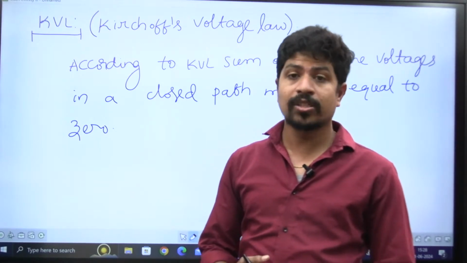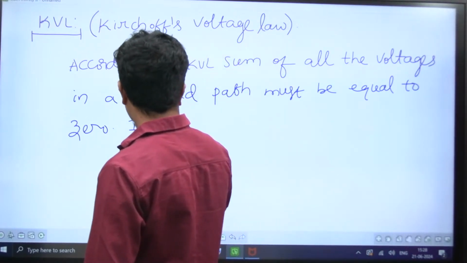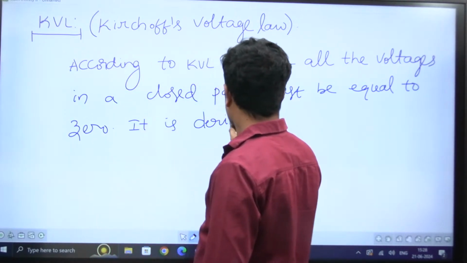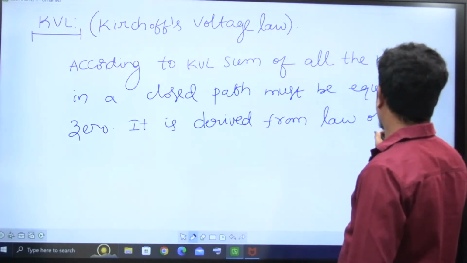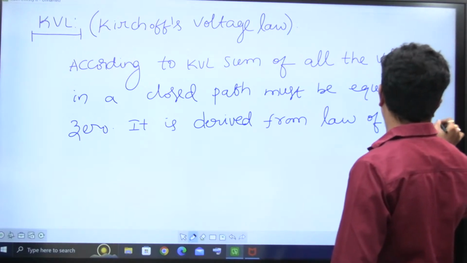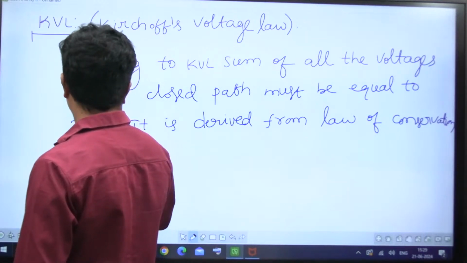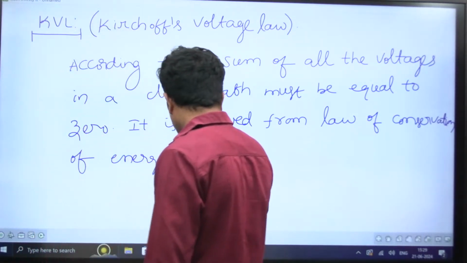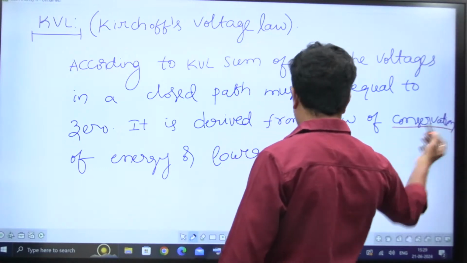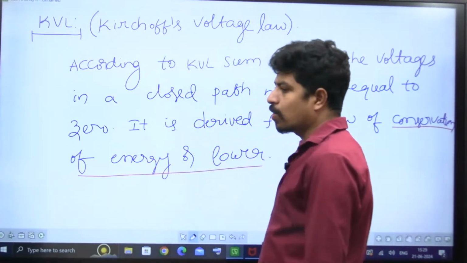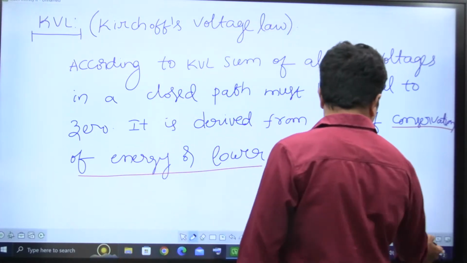Law of conservation of energy, law of conservation of power, both are the same. This may be a question, maybe an objective question, from where the KVL is derived. The KVL got derived from the law of conservation of power or energy. Let us do one simple problem.